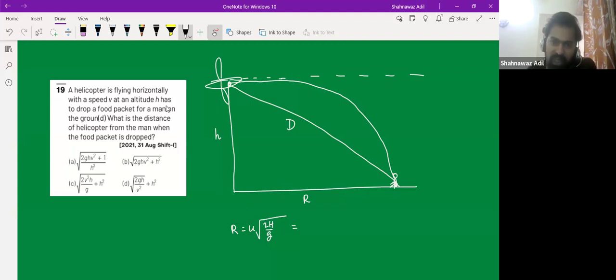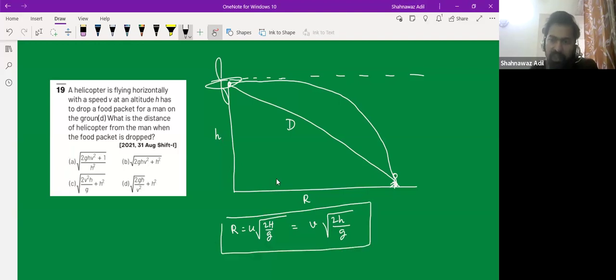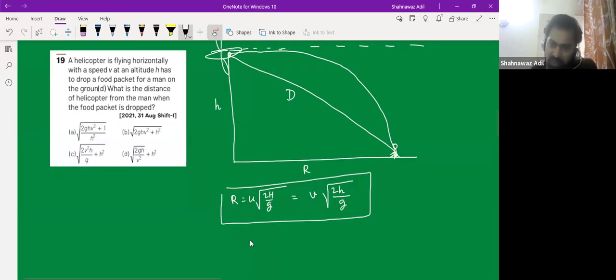H is small h, and u is v, right? So this thing we already know. H is also given. So what would be d? So d is simply h square plus r square. So this would be v square into 2h by g, right?